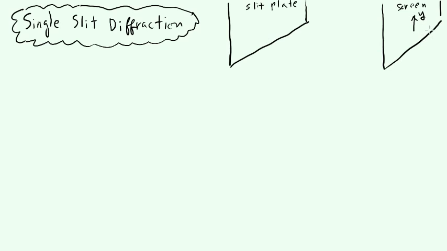How about this as x, and then that will be c. So the screen is in the yz plane, and x is the line that connects the screen and the slit plate, and this length is L.